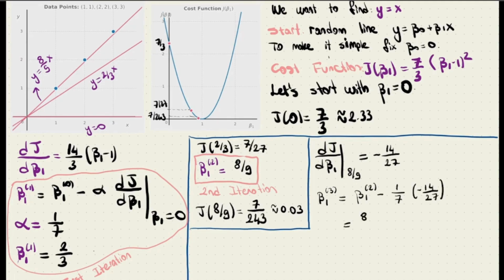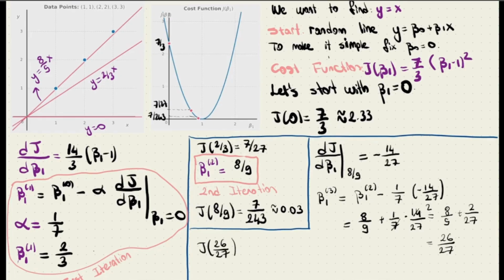If we plug in the values, we get 8 by 9 plus 1 by 7 times 14 divided by 27, and here 7 is a common factor, and then we obtain 8 by 9 plus 2 divided by 27, which is going to be 26 divided by 27.